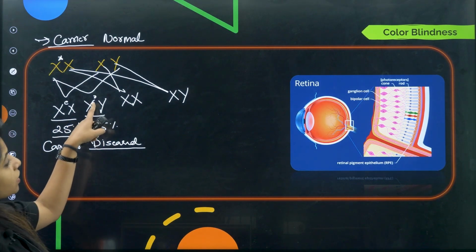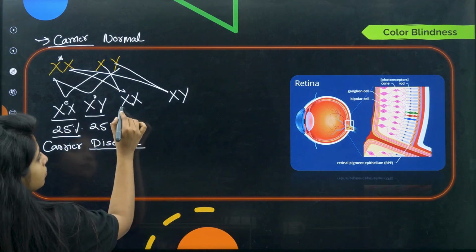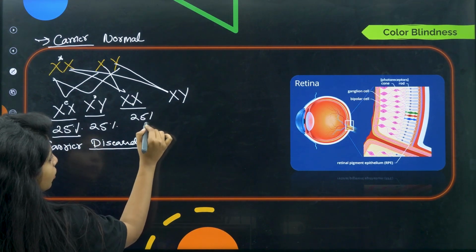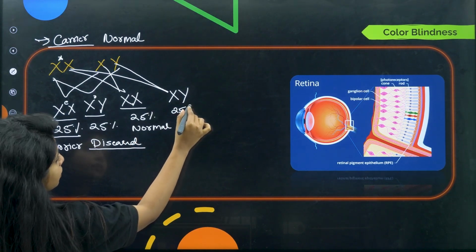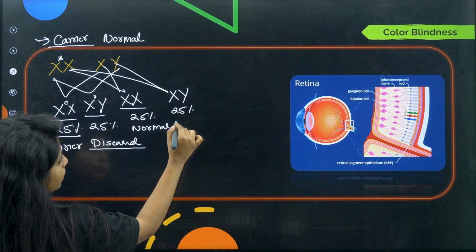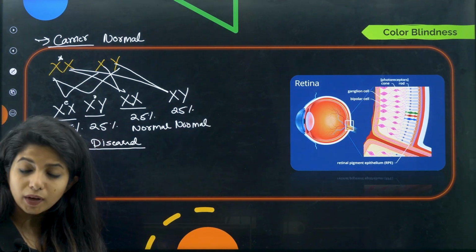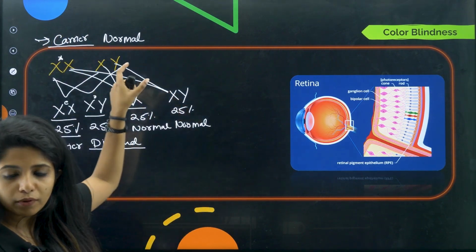So this person, if it has one, then obviously he will be diseased. On the other hand, this will be normal. 25% of female will be normal, children. And similarly, 25% of male will also be normal. Cool? This is a case where the carrier mother is there and the normal father is there.